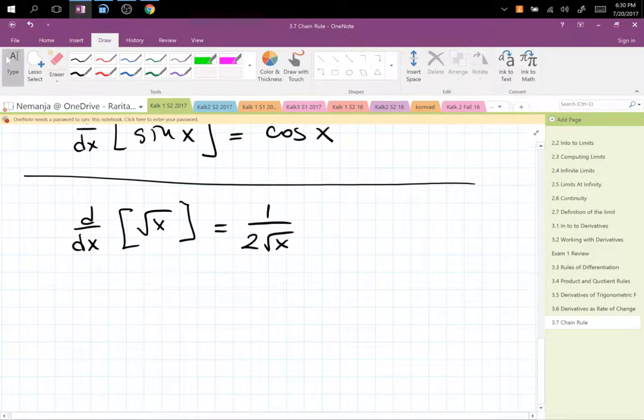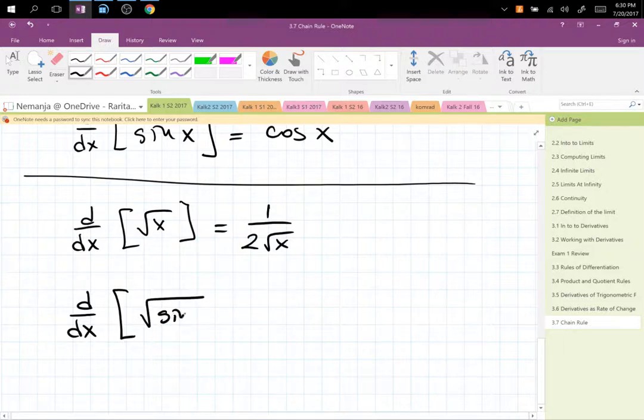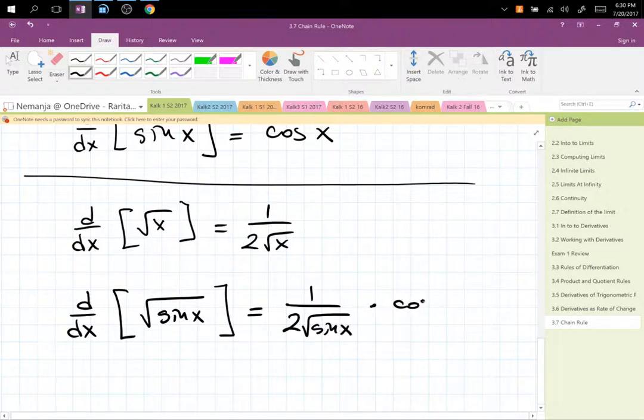Now, I want you to visually see this. I'm replacing x with sine x. The form of the derivative must be identical, and then times the derivative of whatever else I have instead of x under the root.